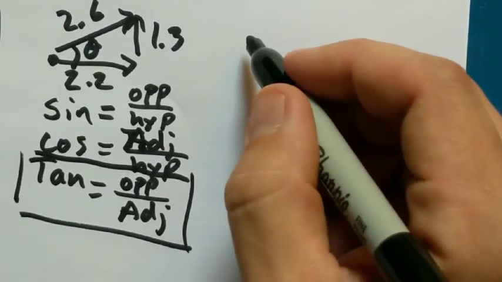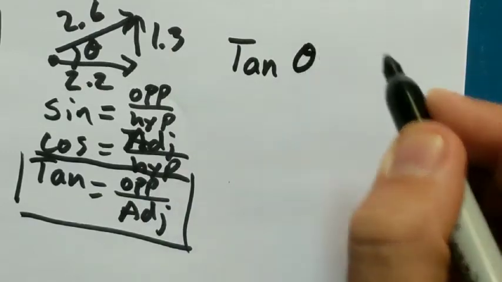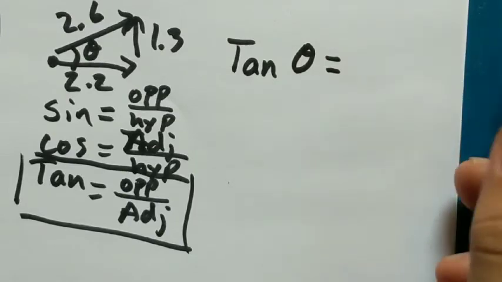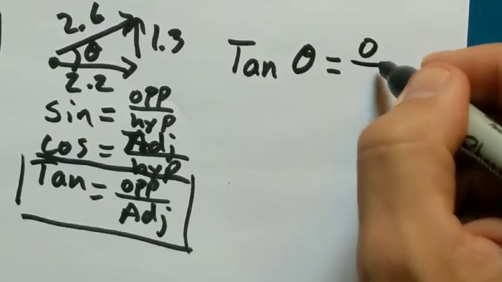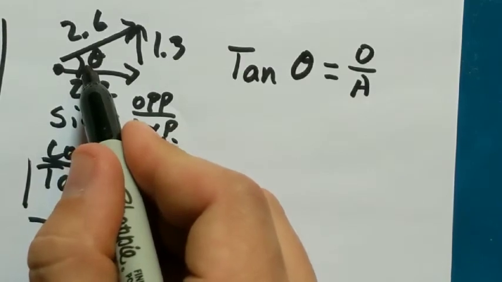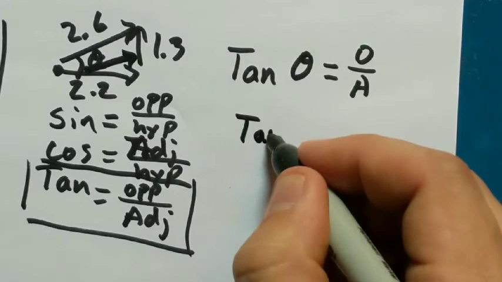So, now for the actual solving. We have tangent of theta equals opposite over adjacent. Since I'm looking at this angle, opposite is the side directly across.